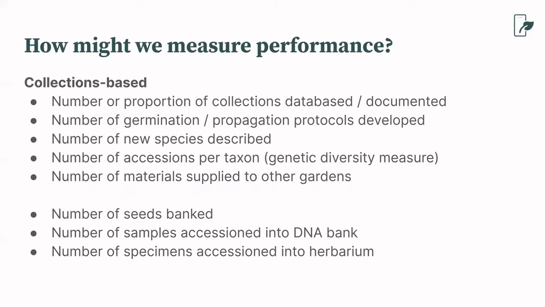If you're involved in research, you could look at the number of new species that you've described, or the number of accessions you might have for a given taxon, which can be a good indicator of the genetic diversity of your collection. And also you can look at things like the number of materials you've supplied to other gardens and what type of material that might be.